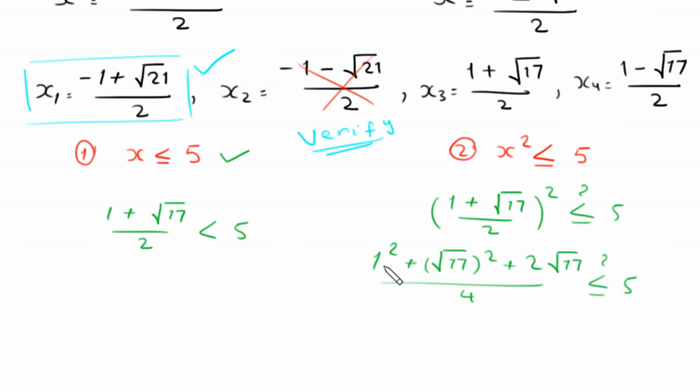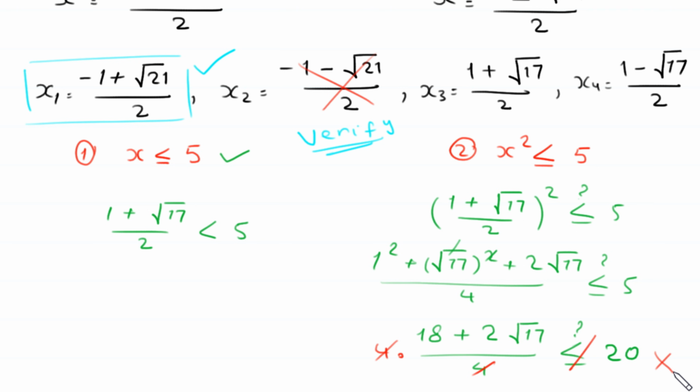Now this 1 squared is 1 and this square will be cancelled out with this square root. So 1 plus 17 is 18 plus 2 times root 17 divided by 4. Is it less than or equal to 5? Now if we multiply both sides by 4, then this 4 will be cancelled out with this 4. This 5 times 4 will become 20. This 18 plus 2 times root 17 is not less than 20. So this condition is false. This solution is also rejected.